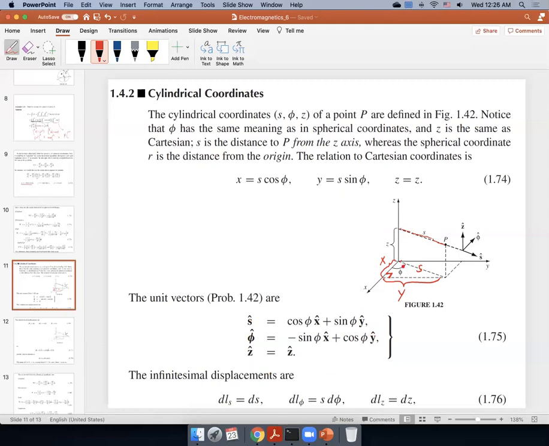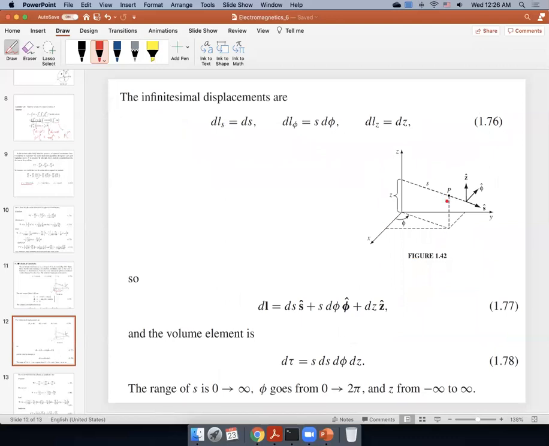If you look into the figure, you can easily derive those equations. The infinitesimal displacements are: first, dl s equals ds, because it's just in the s direction.